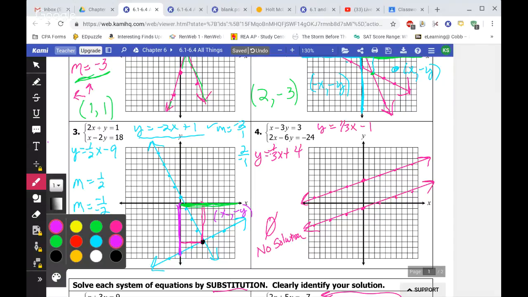So the solution to that system of equations is 4, -7. And they were perpendicular lines. Nice review. We had parallel and perpendicular lines on 3 and 4. So good review. That's going to come up in geometry for sure. Y'all will need to know that.